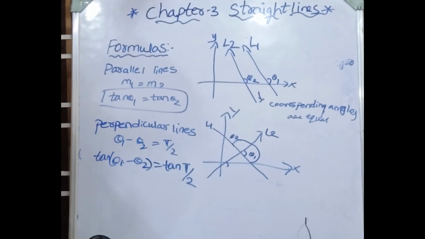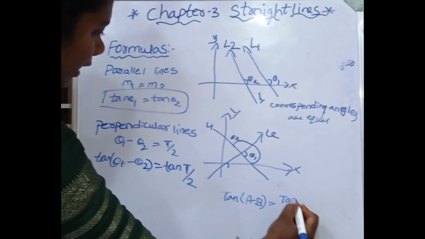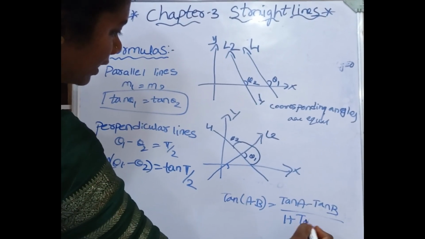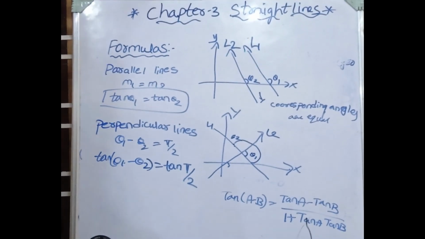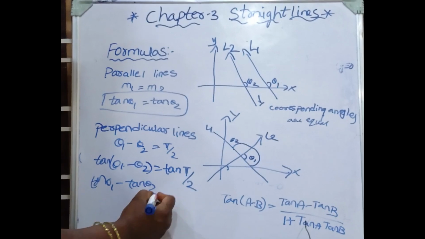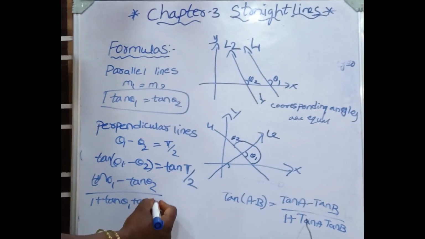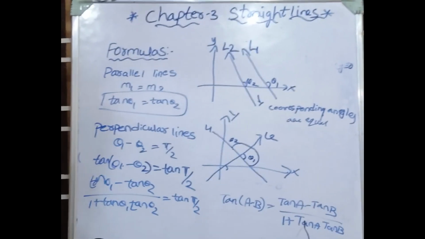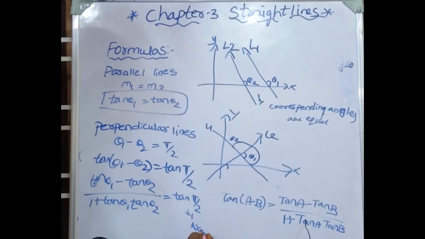We use the formula tan(A minus B) equal to tan A minus tan B by 1 plus tan A tan B. So tan theta 1 minus tan theta 2 by 1 plus tan theta 1 into tan theta 2 equal to tan pi by 2, which is not defined.